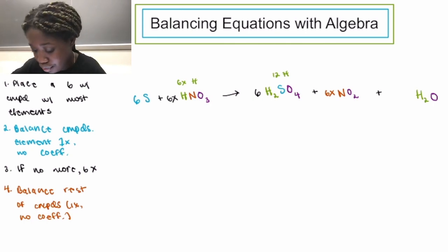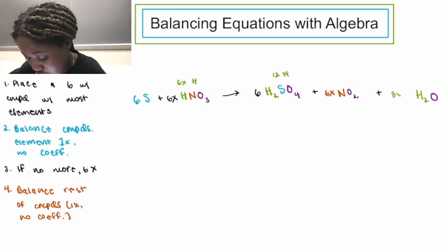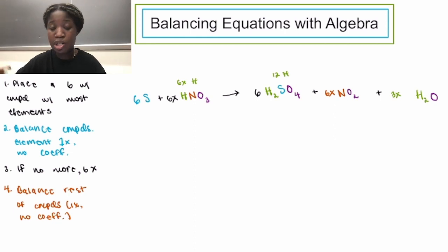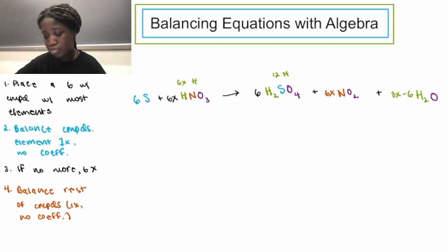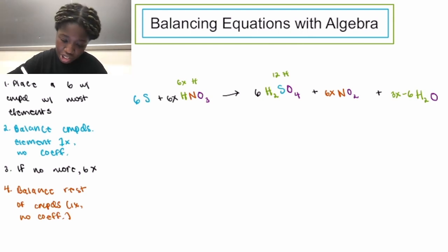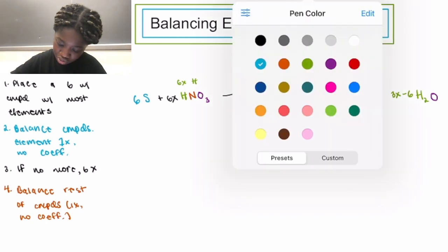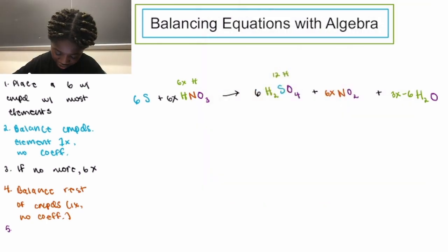So we will do 3x because the subscript makes it so that the coefficient is multiplied by that value, so it's going to be whatever the coefficient is times 2, so this is 6x. And we'll subtract 6, because 6 times 2 is 12, and it's negative, so they can cancel. All right, and then after this, what we want to do is solve for x.